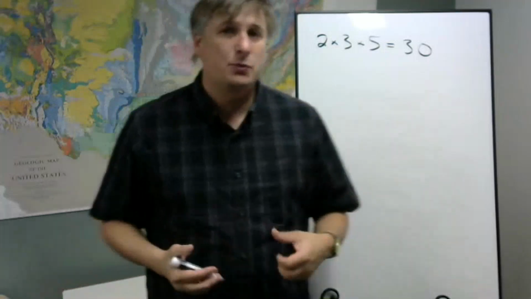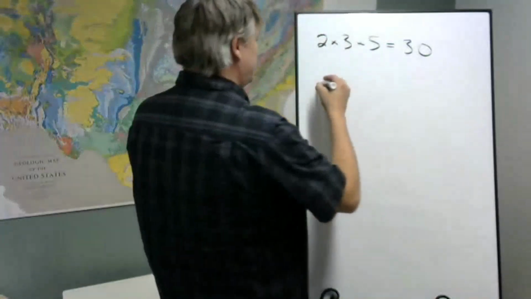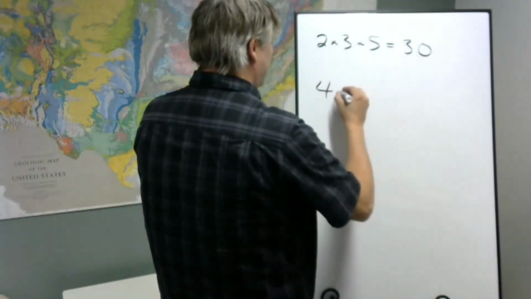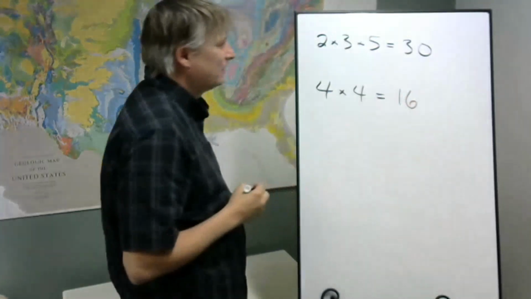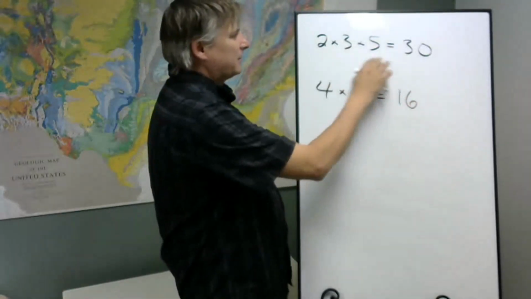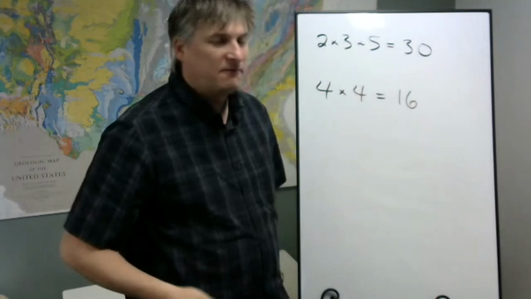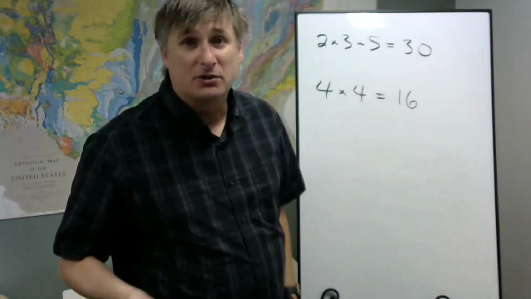But what we can also do is construct numbers just by multiplying a number by itself. For example, we could take 4 times 4 equals 16. Now, these numbers here are called a prime factorization of 30.